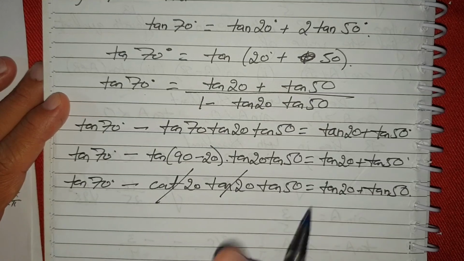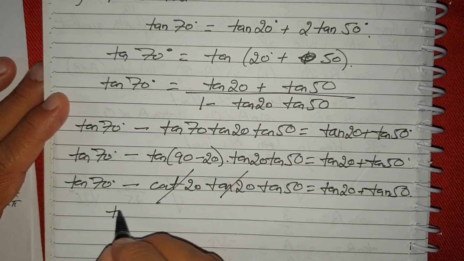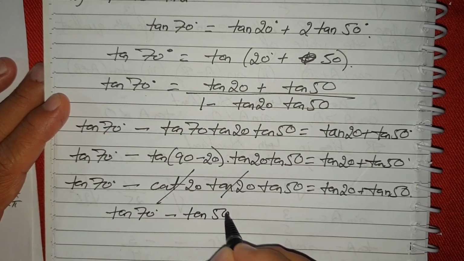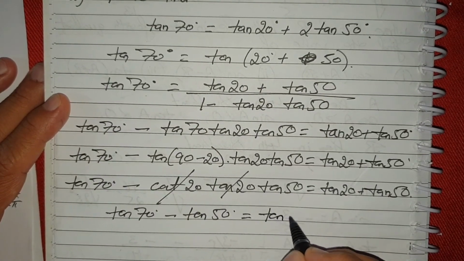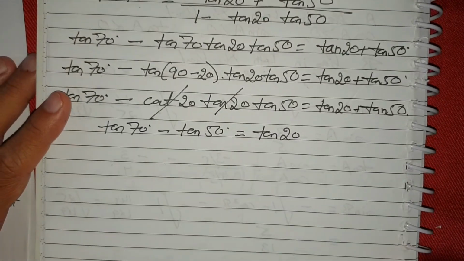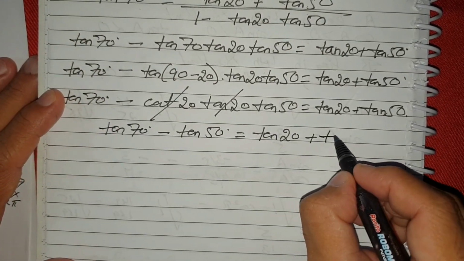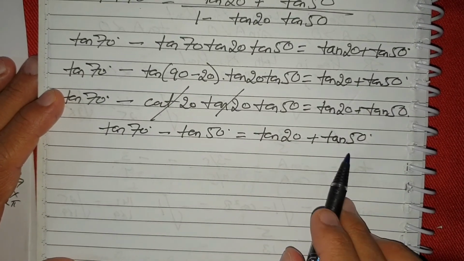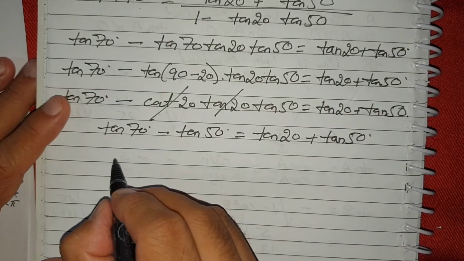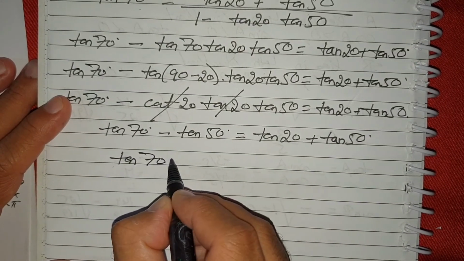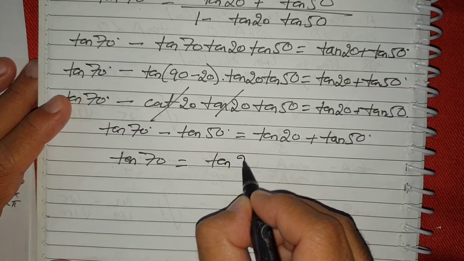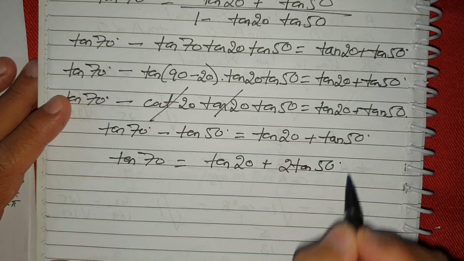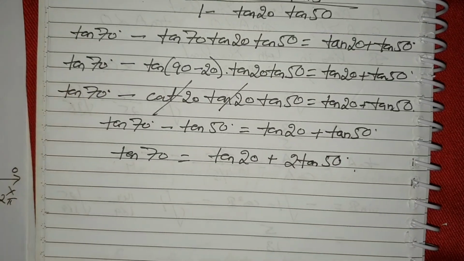Cot 20 tan 20 will get cancelled. So this is tan 70 minus tan 50 equals tan 20 plus tan 50. Now you take this minus tan 50 to that side, this will become plus. So tan 70 equals tan 20 plus 2 tan 50, which is proved.